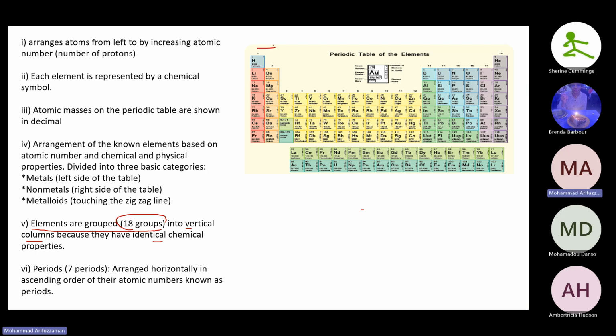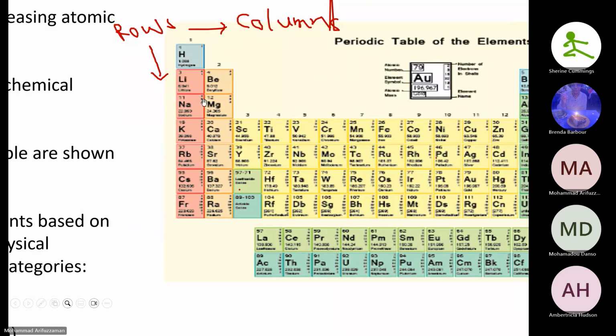So these are the columns, and this is the rows. Can you count the number of rows? Let me zoom in. 1, 2, 3, 4, 5, 6, 7.